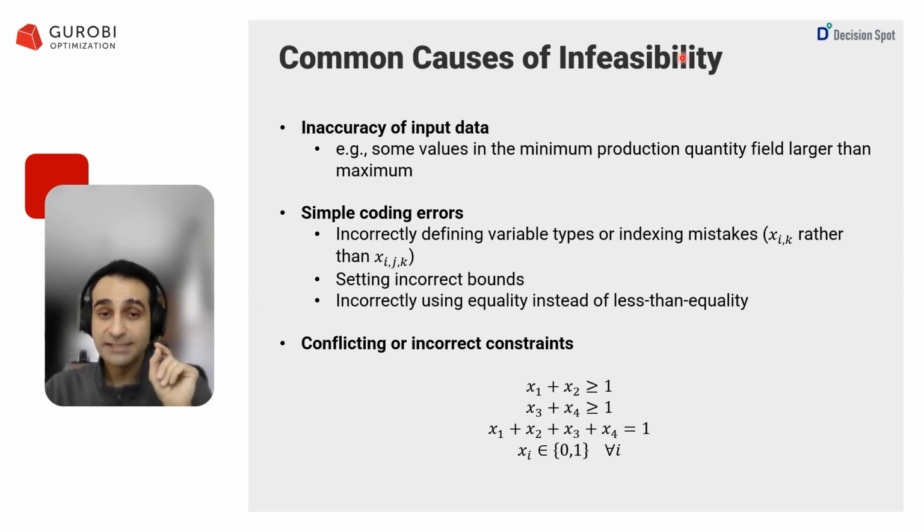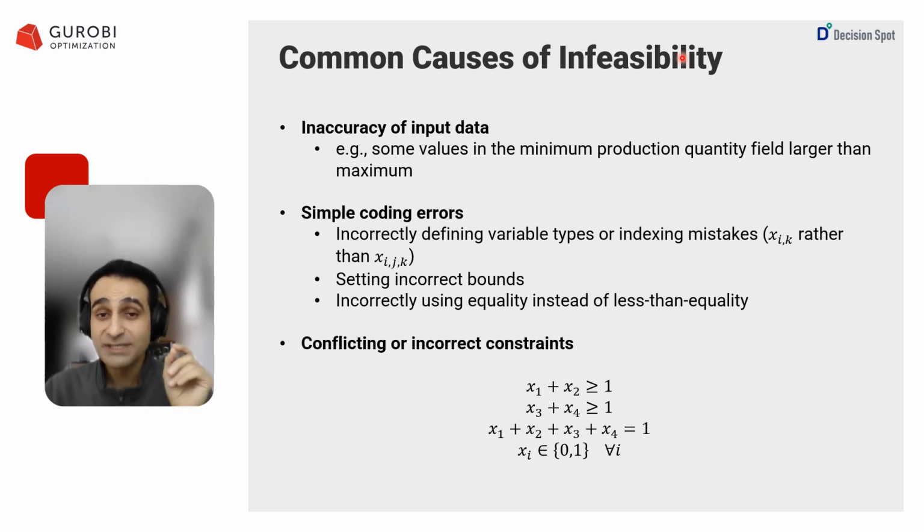Next, simple coding errors. These can be things like accidentally defining variables wrong, making a mistake in how you index them, like, I don't know, writing x_ik rather than x_ijk. You might also set the bounds incorrectly or use an equality sign when it should have been a less-than-or-equal sign. This may seem very obvious to you now. Of course, if you have put something wrong in your model, you may get wrong results.